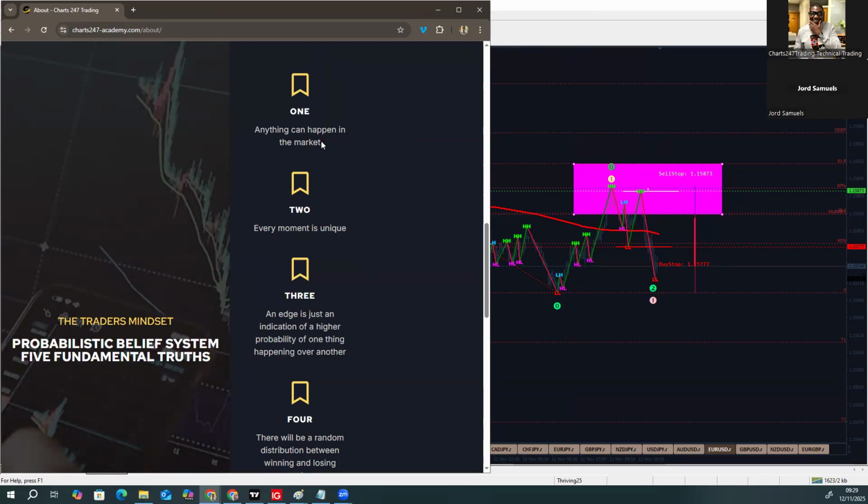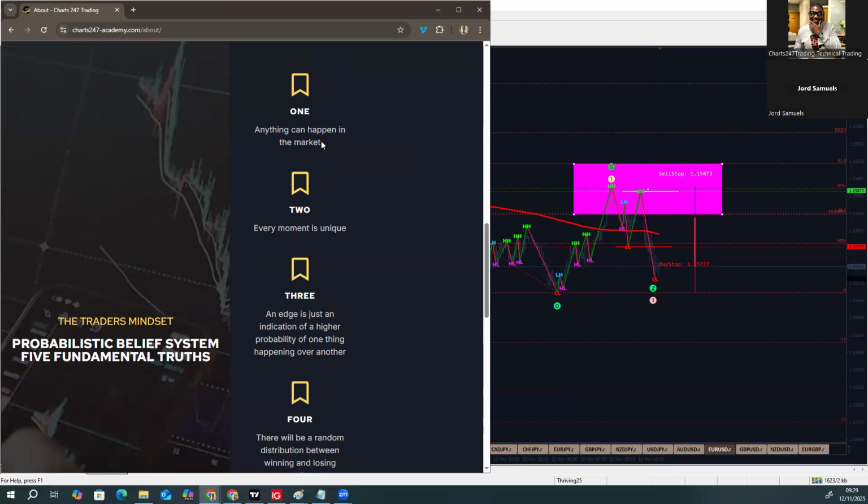It's simple as that. Then the second thing is every moment is unique. Because the trade that I took yesterday was a loser, does not mean this is going to be a loser. Or the trade that I took earlier this morning is a winner, does not mean this one is going to be a winner. All I have to do is to keep on taking those trades because I believe there's an edge in my methodology.